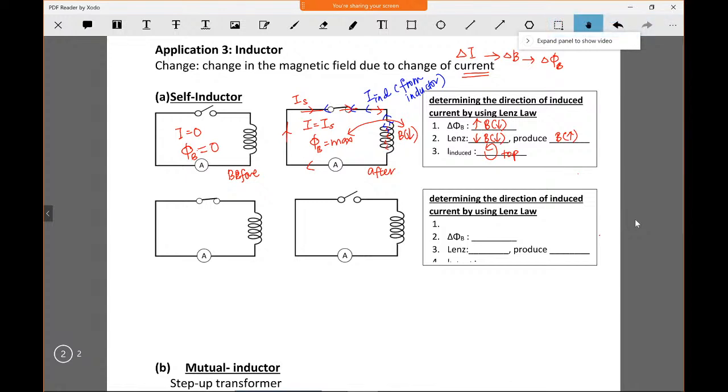That means increase. This one means increase. The change in the flux from before and after is an increase of the magnetic field which is going downwards.